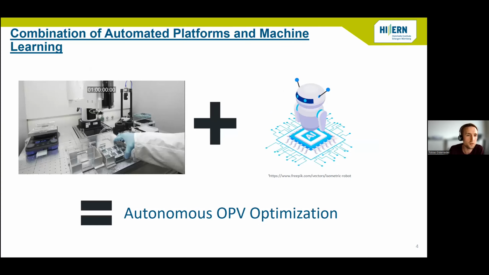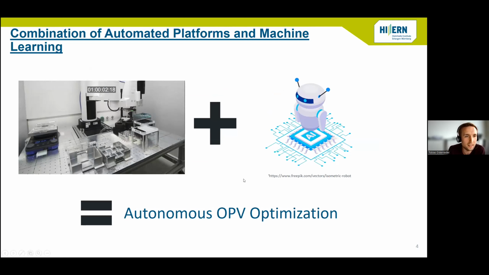So what our group is doing, our group combines automated platforms. Here I have a video of our spinbot. You can see we are normally working with glass substrates, which we can put in a carrier, and each carrier can carry 8 substrates. And then this carrier can be transported by the robot.